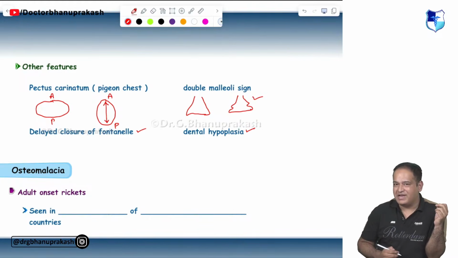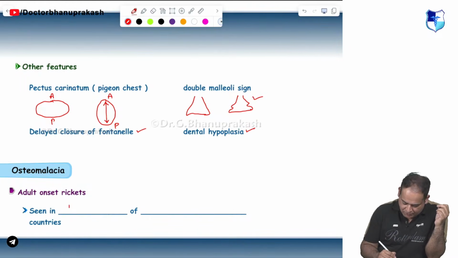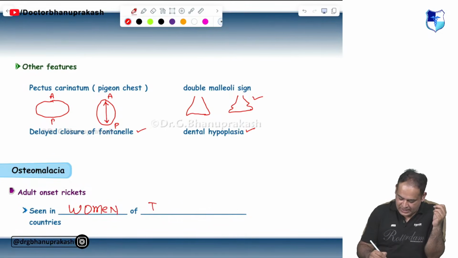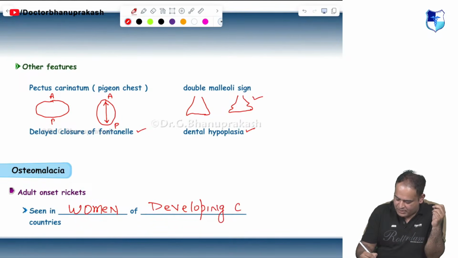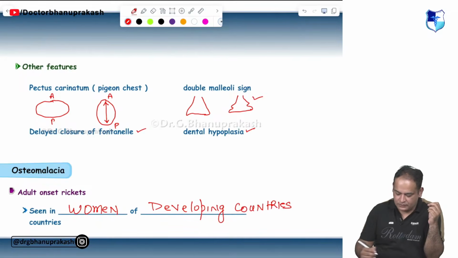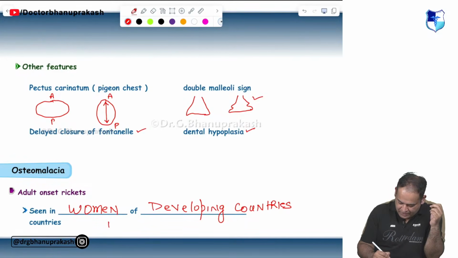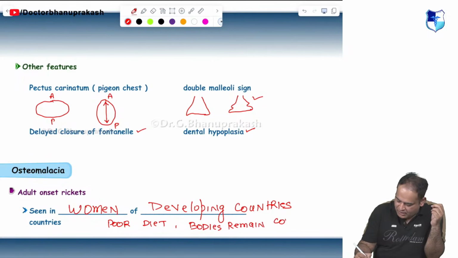Now, osteomalacia is also called adult onset rickets. When do you see it? This is seen in women of developing countries. Why? Because in developing countries there is poor diet, and the bodies of the women remain covered.